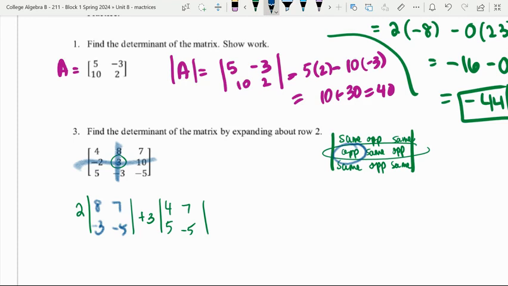And then the last number is in the opposite. So 10, which is +10, now becomes a -10. And I cross off the row and the column with the 10. Once I do that, I'm left with 4, 8, 5, -3.